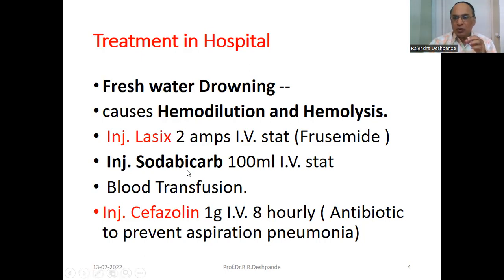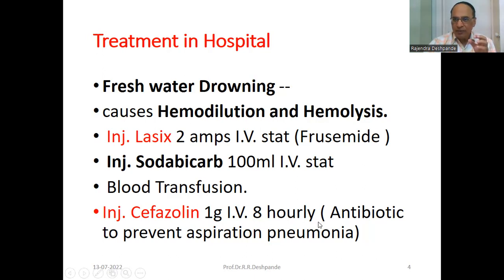Then injection soda bicarb 100 ml intravenous stat. Stat means immediately after admission. Then if necessary, blood transfusion has to be given because there is hemodilution; we have to give more cells or corpuscles. Then injection cefazolin.